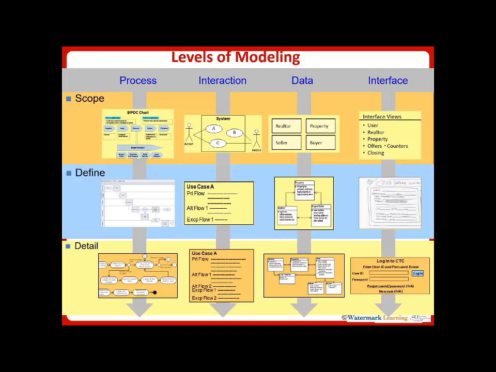This slide talks about what I talked about before about the iterative elicitation and modeling, that we're going to do this iteratively, and as we go, we're going to get lower and lower levels of detail. So here are the 4 models. We're calling this the highest level being scope models, and you can see how they change as we get to the middle level. I'm calling that define, and how it changes again as we get into some detail.